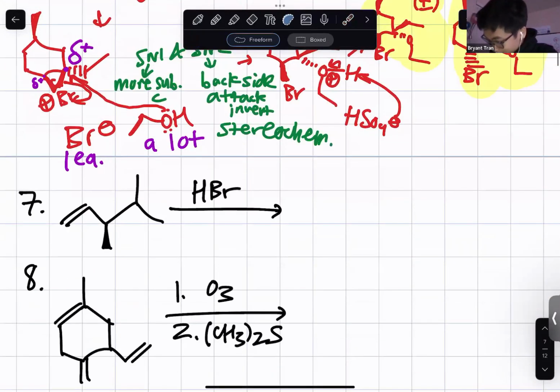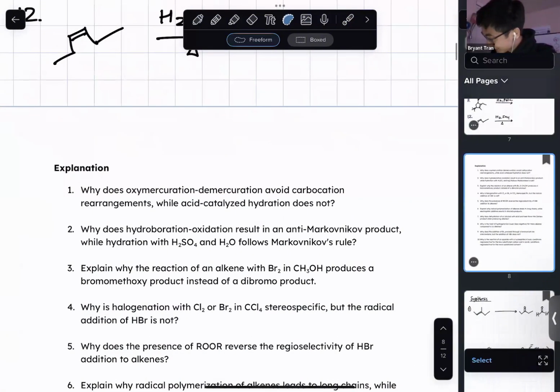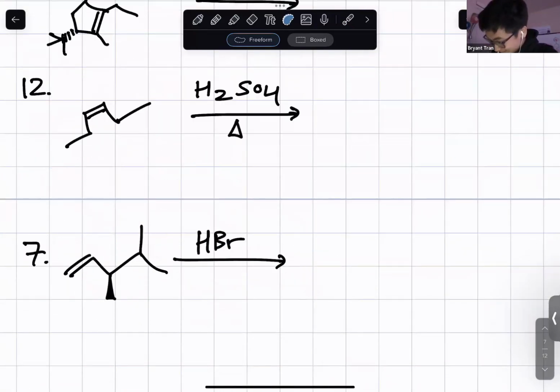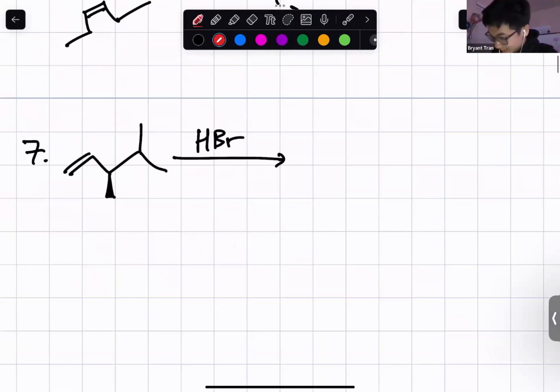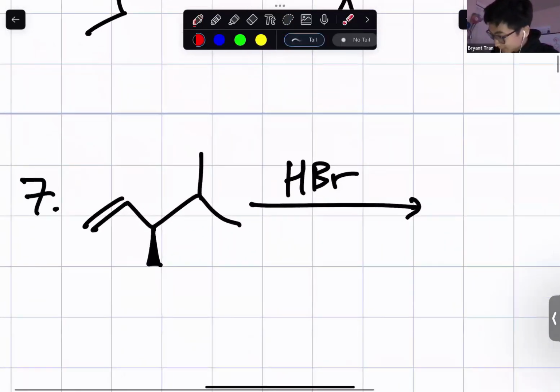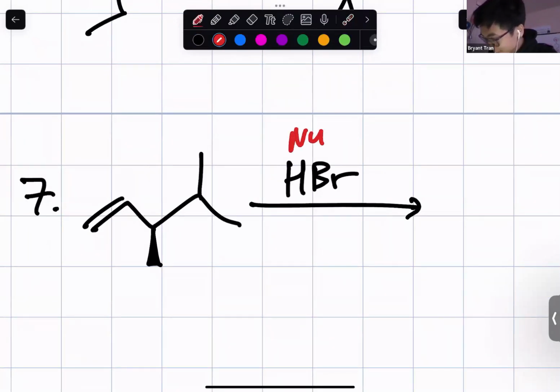Does someone want to go over the mechanism for question 7? Someone want to walk me through this? We have an alkene with a strong nucleophilic acid. What's going to happen in the first step?